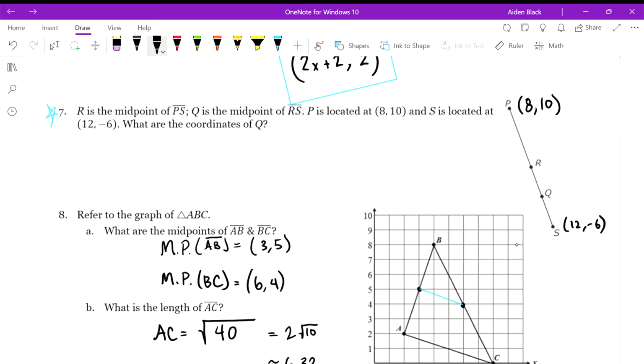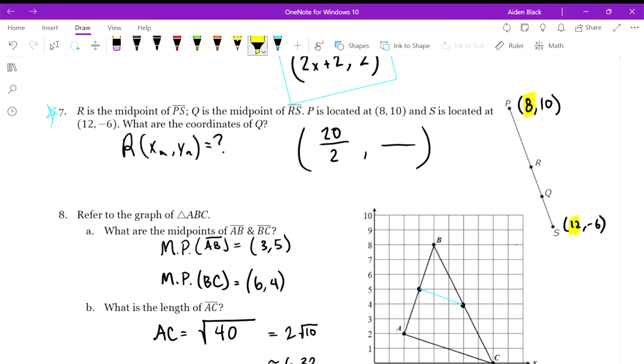So, where is R located? We should be able to use midpoint formula, in which case we should look at these two x values and add them up. What's 8 plus 12? Should be 20.